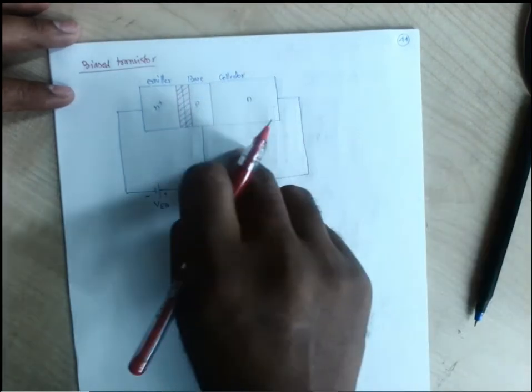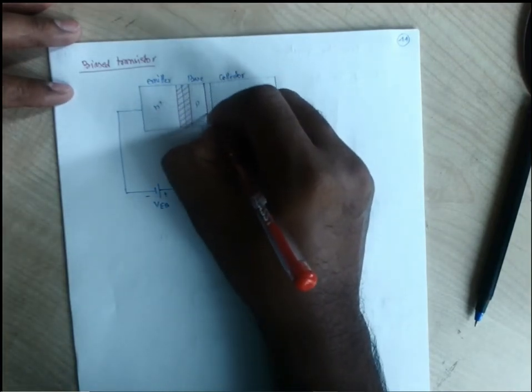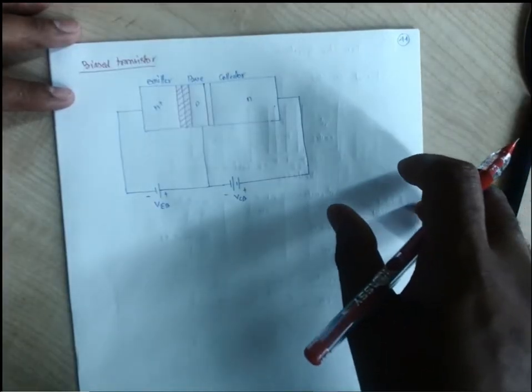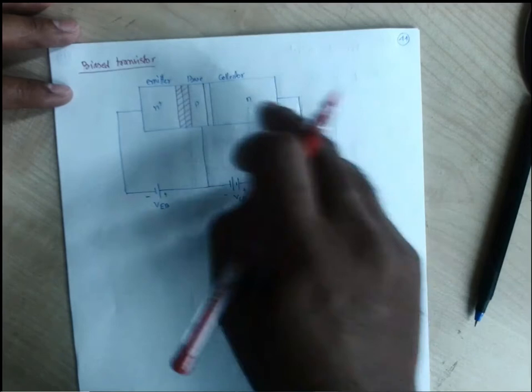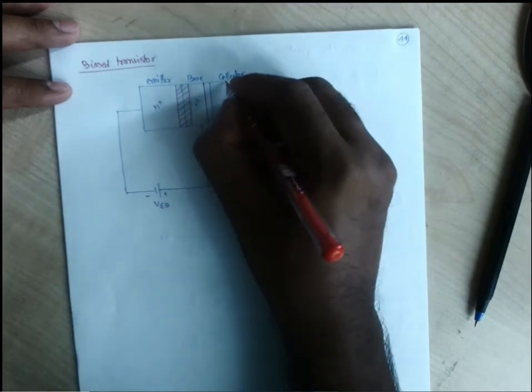And for this side it will have the increased depletion region width. Obviously that increment will be more prominent in the collector region, because here the concentration gradient is quite less.